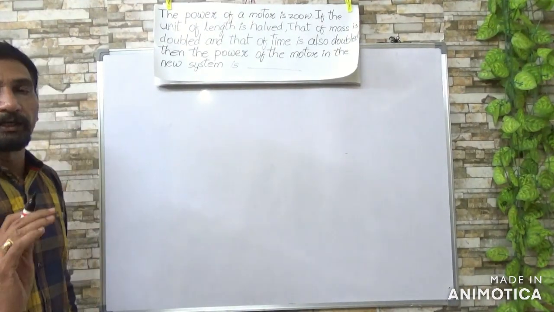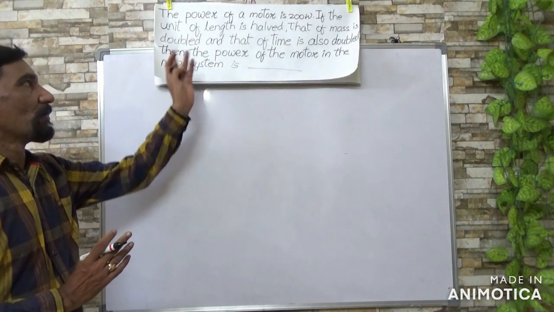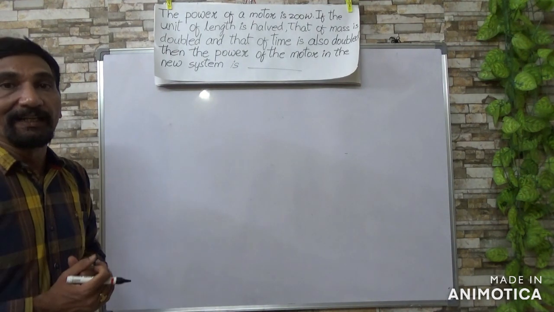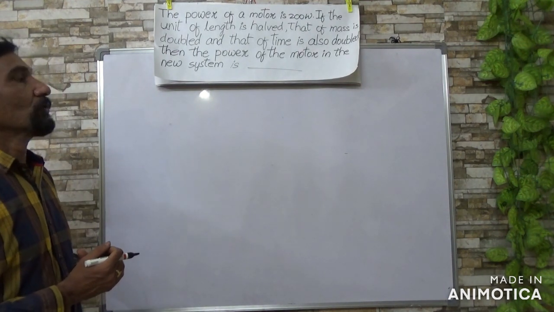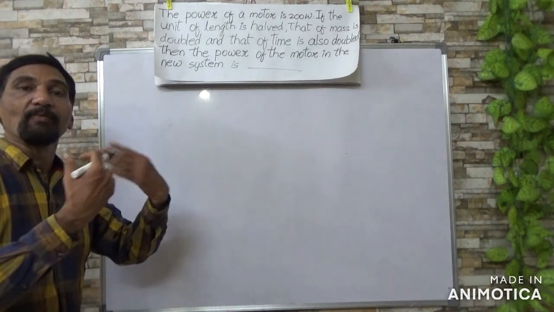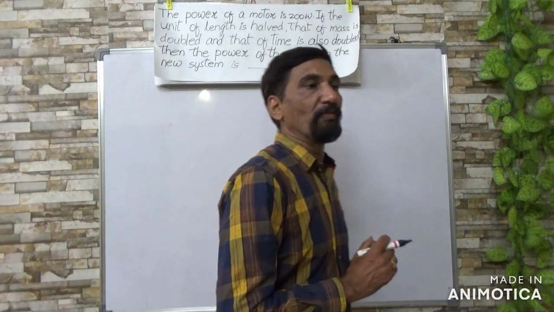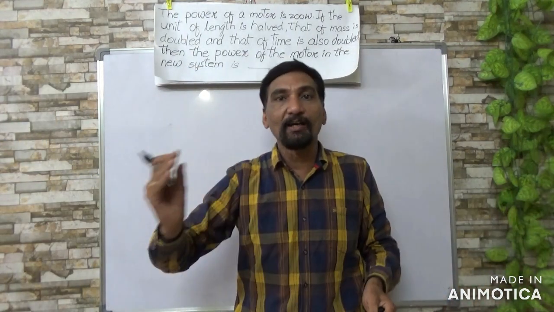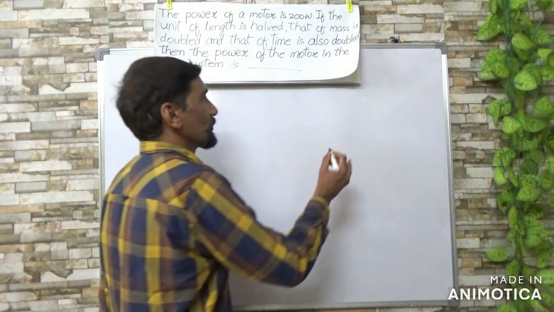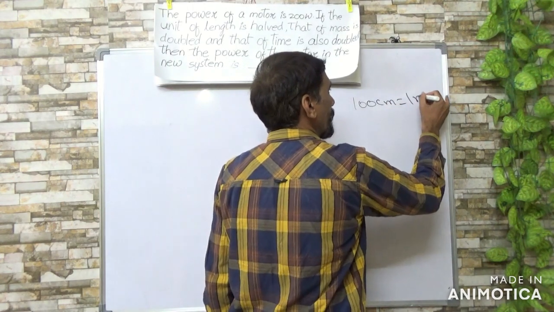Now about the given problem. In one system of units, the power value is given as 200 watt, and you want to convert to the other system. Whenever you want to find the numerical value in the other system, first we should know the relation between numerical value and unit. Take an example: 100 centimeters is equal to 1 meter.